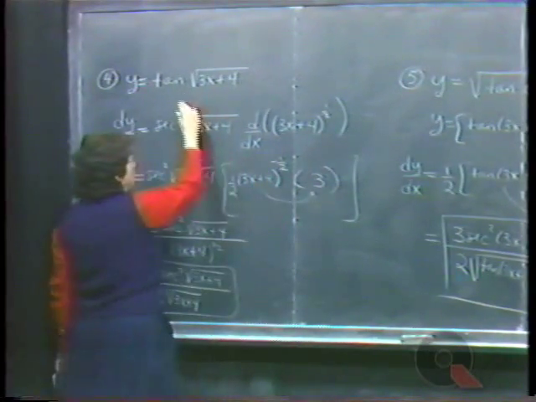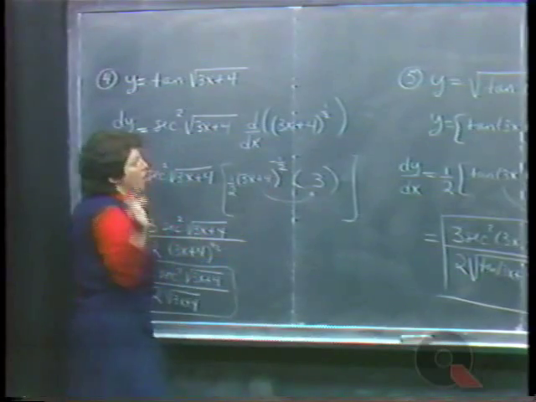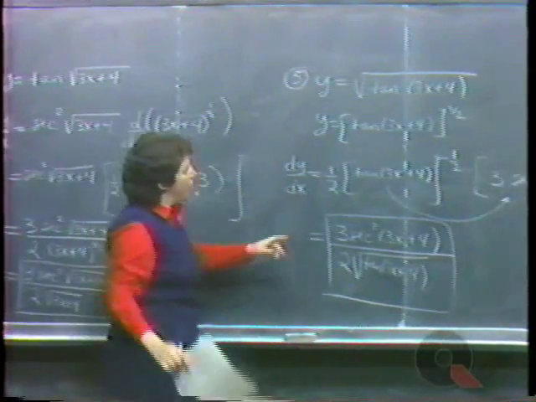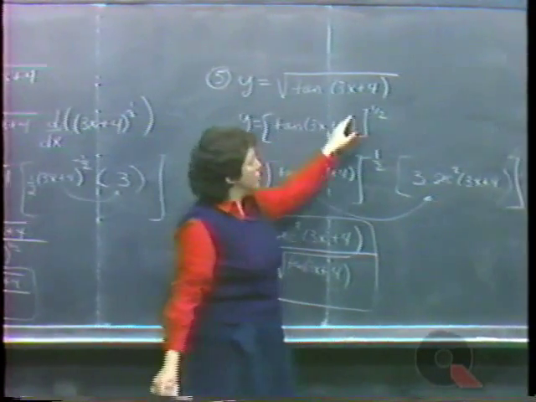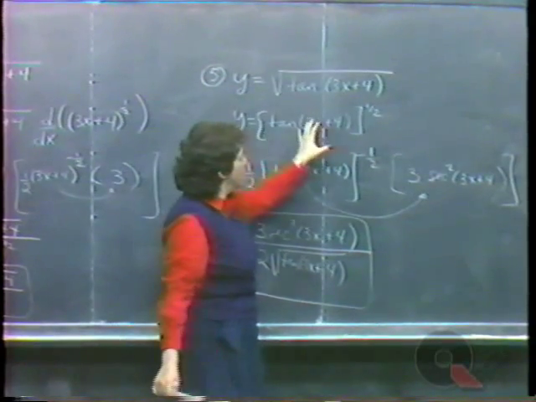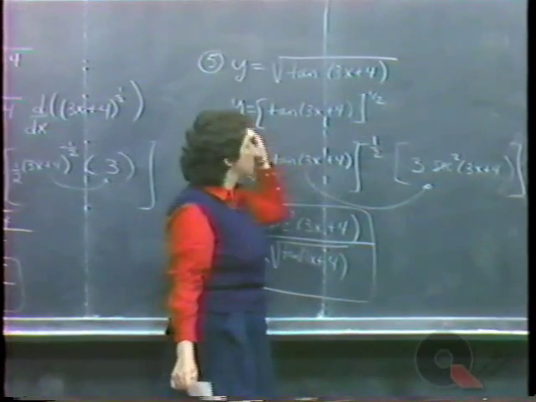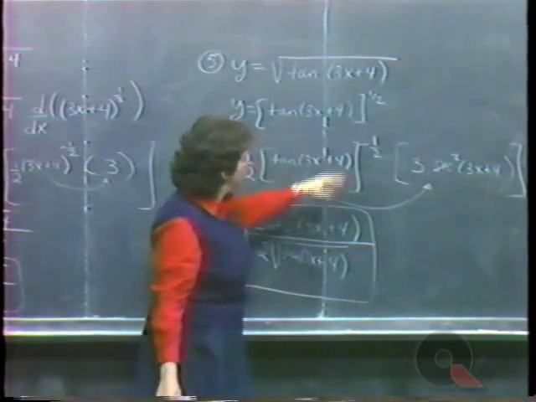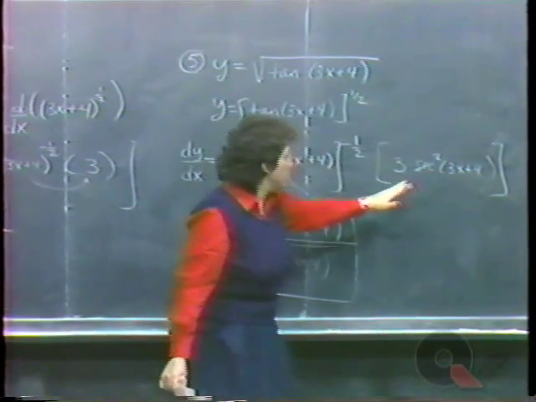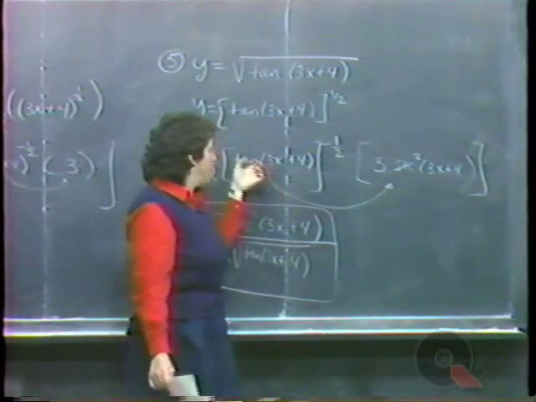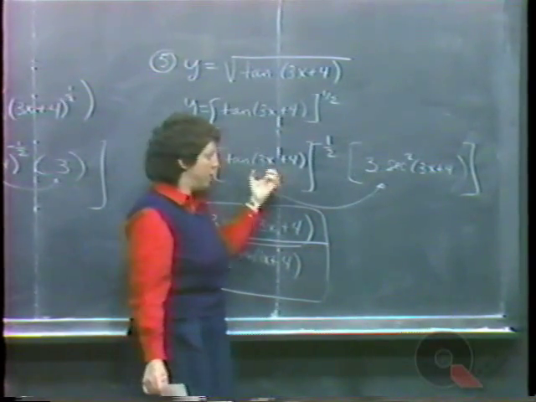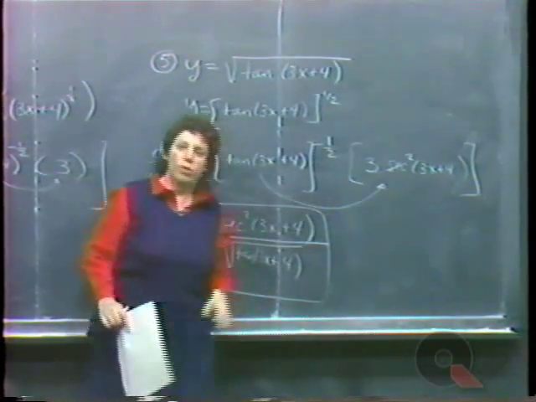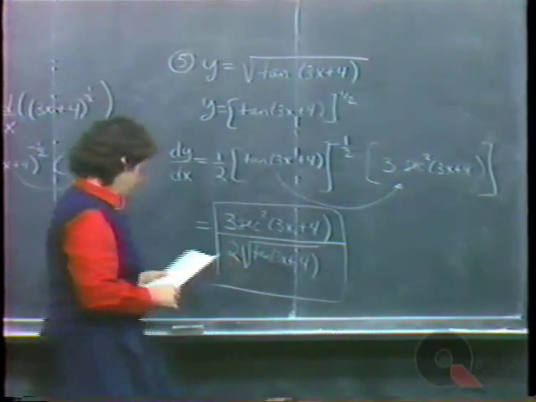So here you start with tangent and finish off with power. However, in example 5, the square root of tangent of 3x plus 4 was tangent of 3x plus 4 to the 1/2 power. This was the power rule. This was primarily a power. Power, function, 1 less power, times the derivative of the inside. So you started with the power rule, and then you get your chance to use your tangent rule. Okay, but the order in which you use them is very important.